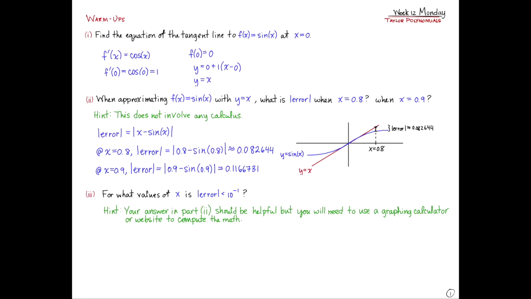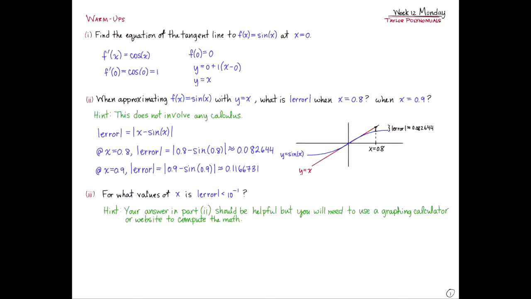In the third part, we want to know for what values of x the size of the error is less than 1/10. In part 2, we found that at x equal to 0.8, the error is 0.082 something. And at x equal to 0.9, the error is 0.11 something.